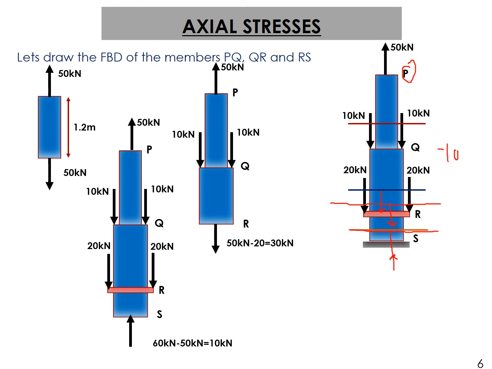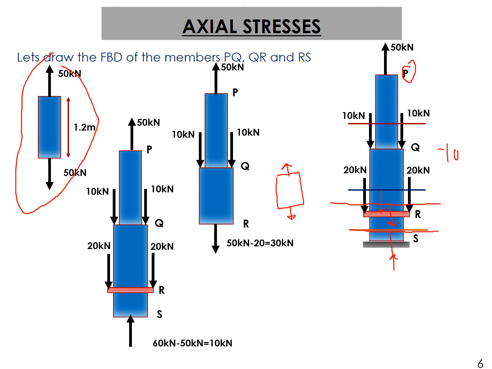So now finally we will draw the free body diagrams for member PQ, since we know the loading conditions. This which is given is already a free body diagram for member PQ. Now for QR, if I draw a free body diagram here, I have a load 30 here, so it means 30 here.